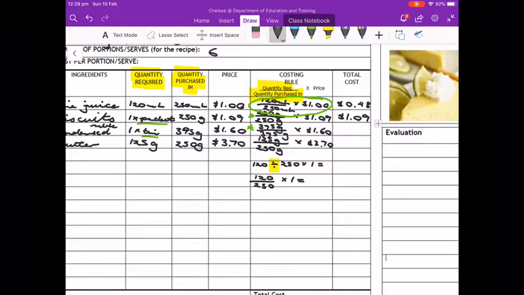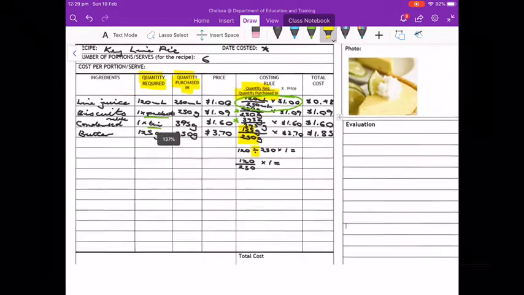That's going to be the exact same thing for the condensed milk. 395 divided by 395 is 1 times $1.60 is $1.60. And the last one is 125 divided by 250 times $3.70, and that's $1.85. And some of you might have noticed that that's actually half.